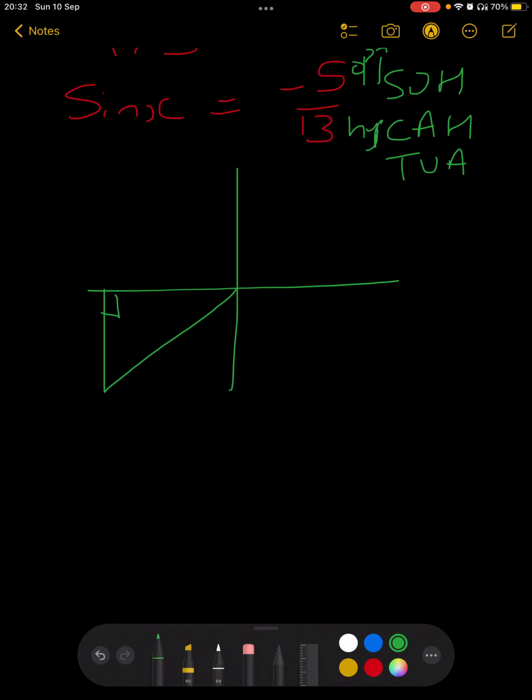So the opposite side is the one that is negative. The opposite side for this one would be the minus 5 here, and the hypotenuse would be our 13. So we have a missing side, which is the adjacent side, but we know how to get a missing side from a right angle triangle. So we use Pythagoras theorem.